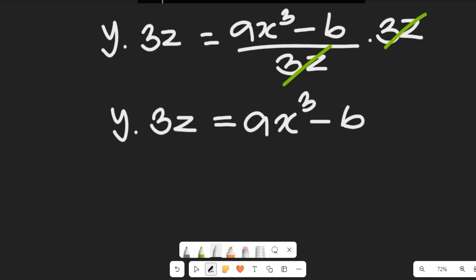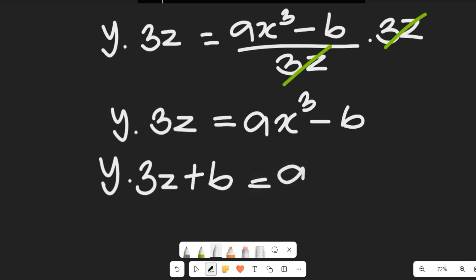So the next thing we're going to do is to clear b from both sides, because b is another obstacle. Now to clear b from both sides, I'll simply add b to both sides. So if I add b to both sides, I'll have y multiplied by 3z plus b, and this will be equal to ax to the power of 3 minus b plus b.